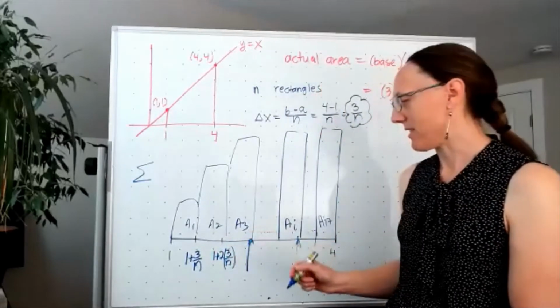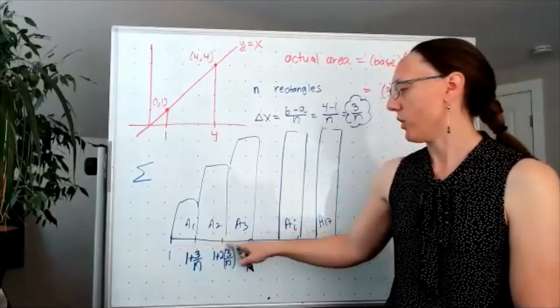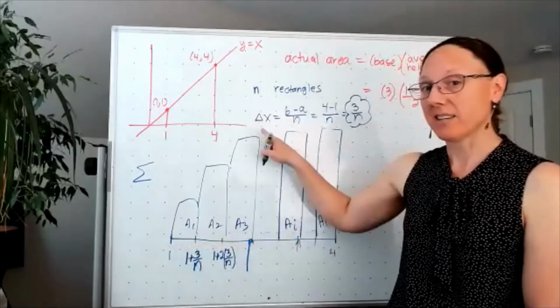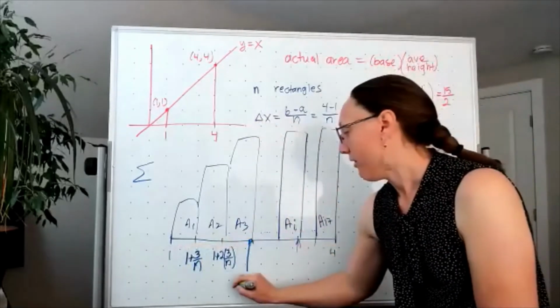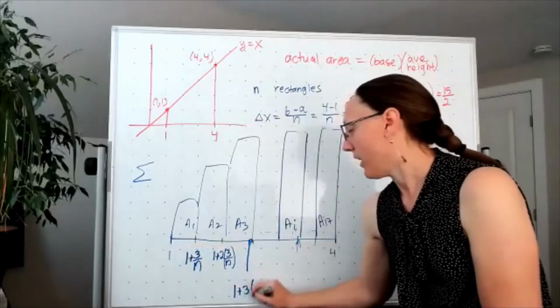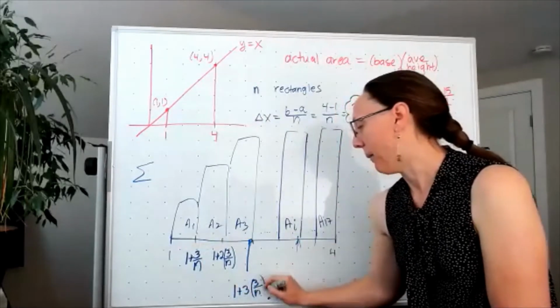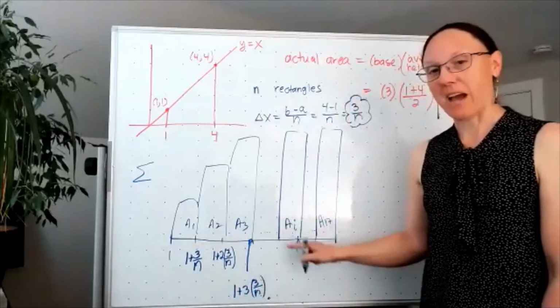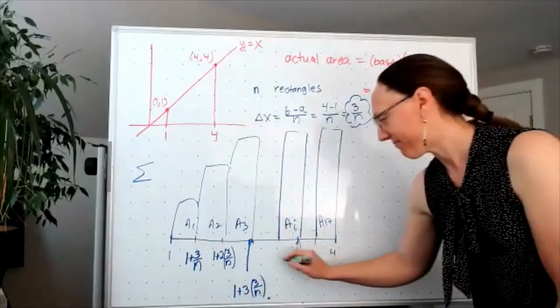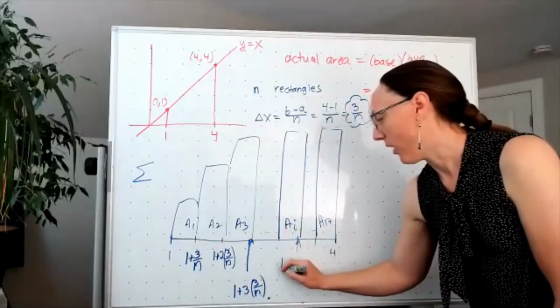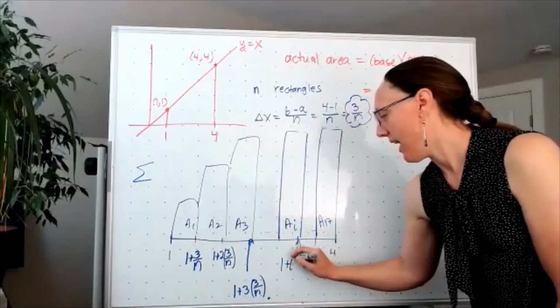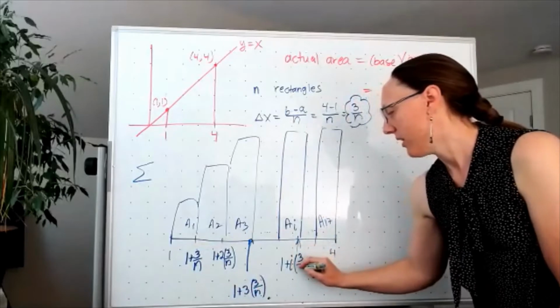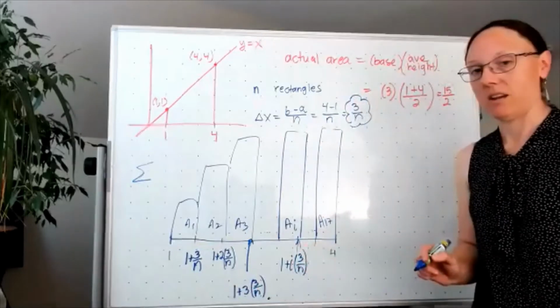And for my third rectangle, I moved 1, 2, 3 of that delta x, or 1 plus 3 times 3 over n. And when I get to my ith rectangle, I'm going to be at 1 plus i times 3 over n.